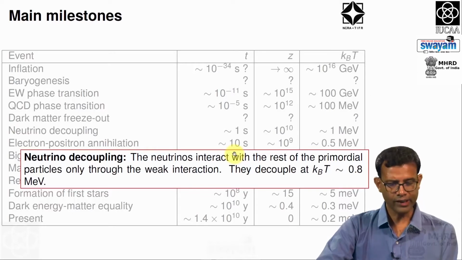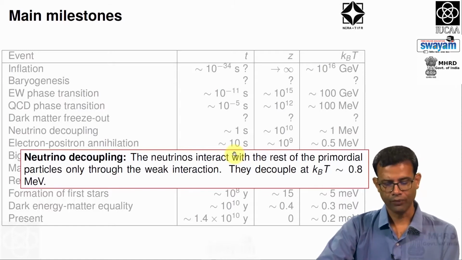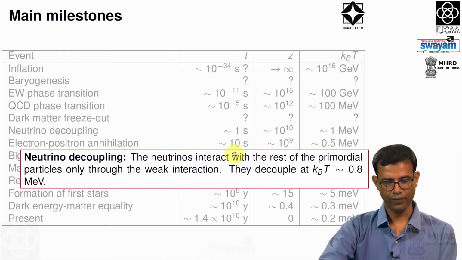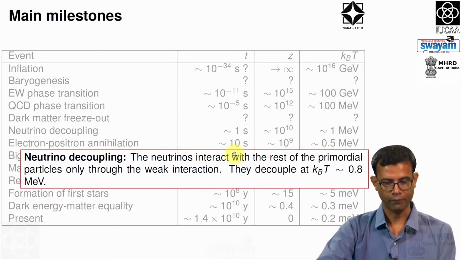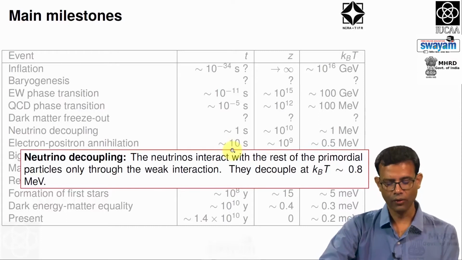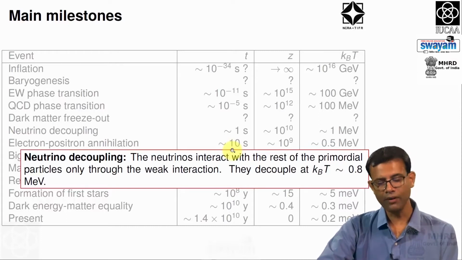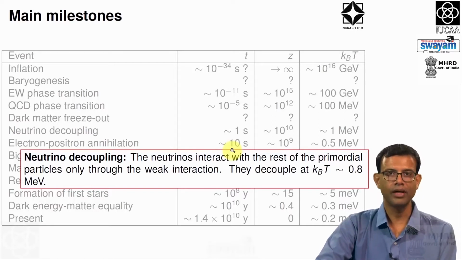A very interesting thing happens around 1 second after the Big Bang. The neutrinos before this time would have been interacting with all the other primordial particles through weak interaction. At some point their interaction rate will go down because the densities will go down and they will decouple from the rest of the matter, and then the neutrinos just remain as they are.